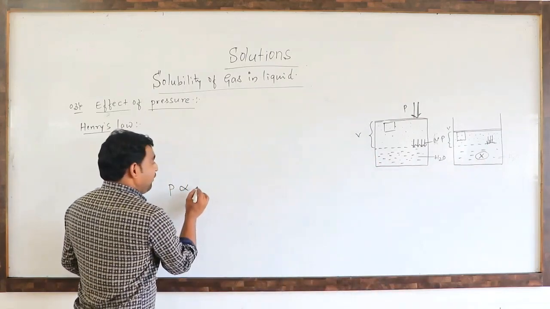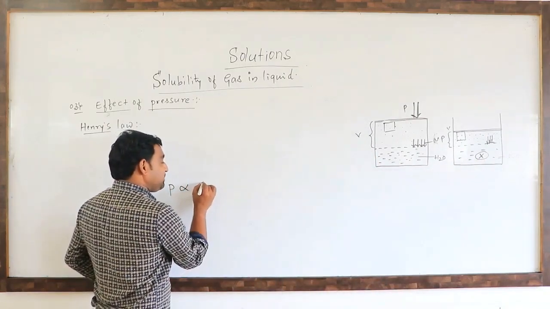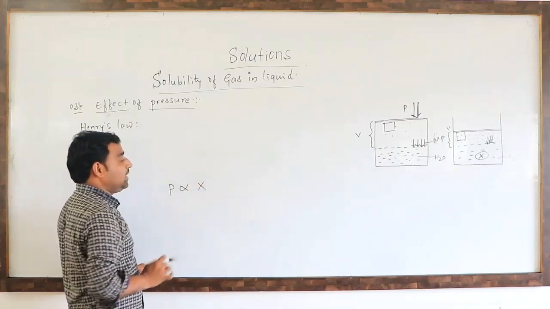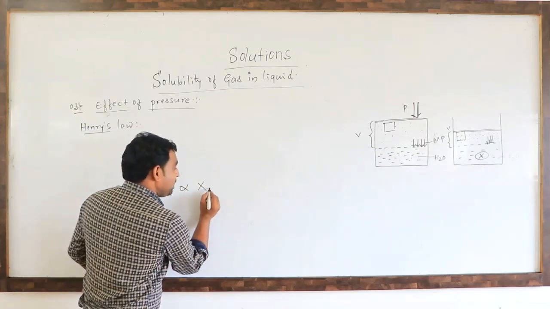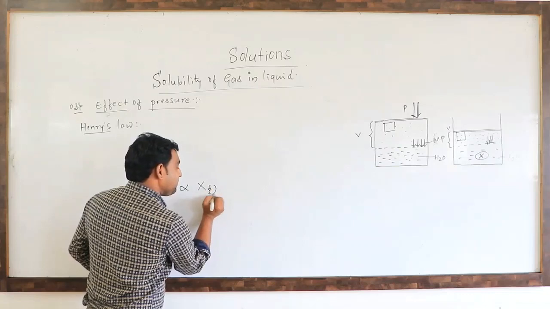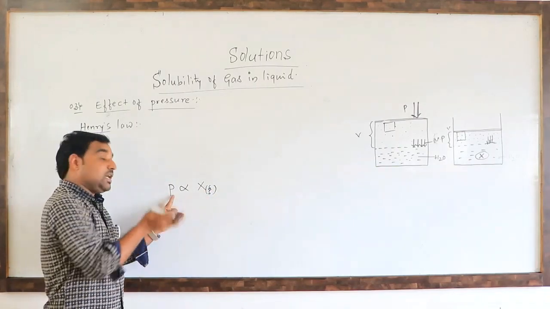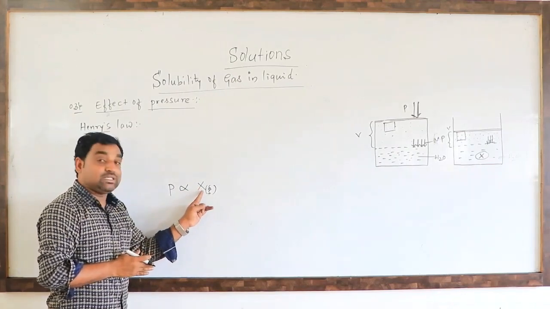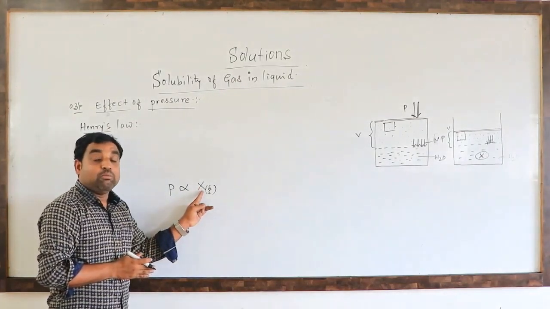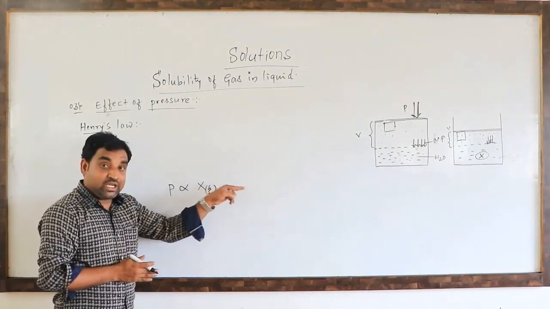As pressure increases, the solubility of a gas in a liquid also increases. So the solubility of a gas in a liquid can be expressed in a concentration term like mole fraction, the mole fraction of gas.